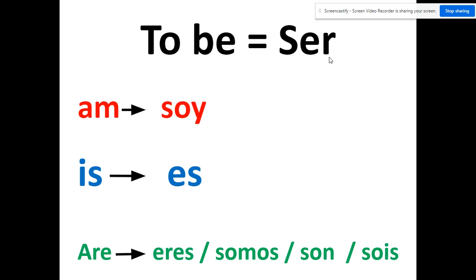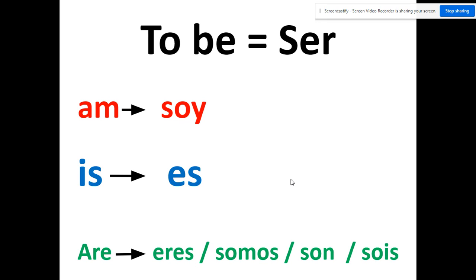If the verb has one of those three endings, that means that it's not conjugated. So here we can see ser ends with er, then is not conjugated. The conjugations of ser are these ones: soy, es, eres, somos, son, and sois.